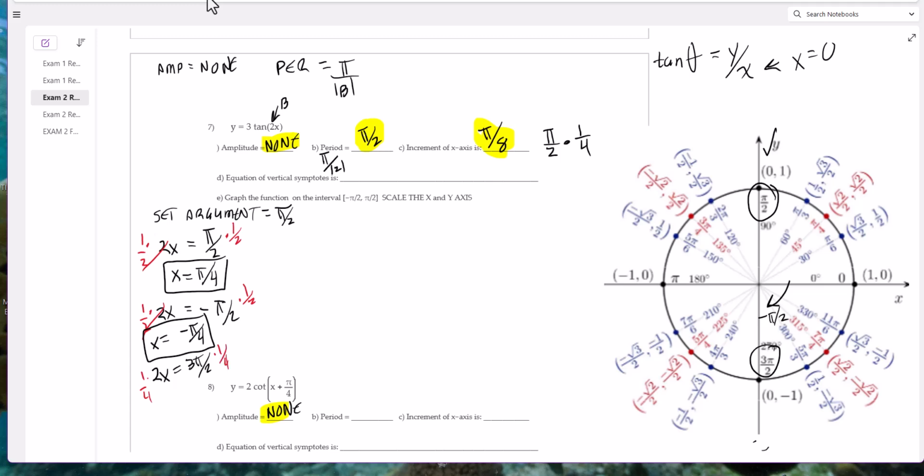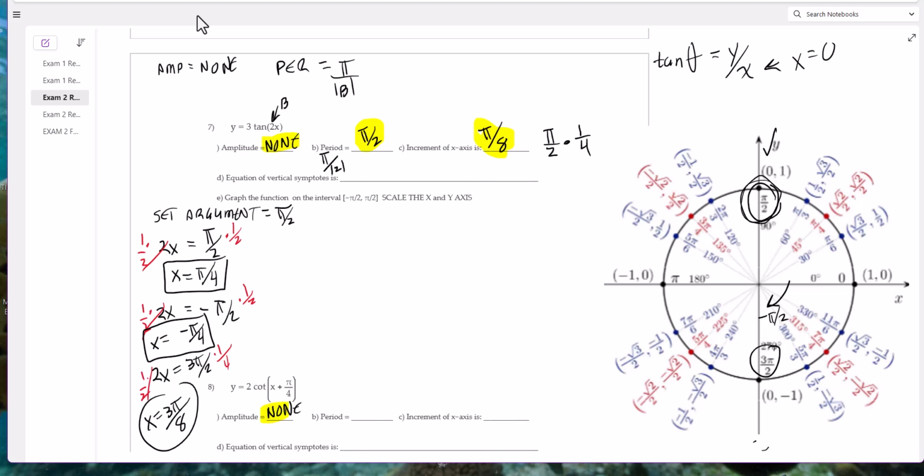And if you did that, you would have x equals 3 pi over 8. So the key when you're doing a tangent is to get asymptotes. You can get 2 of them at a minimum, but you have to know on a tangent, you're setting them equal to the places on the unit circle where you're undefined.